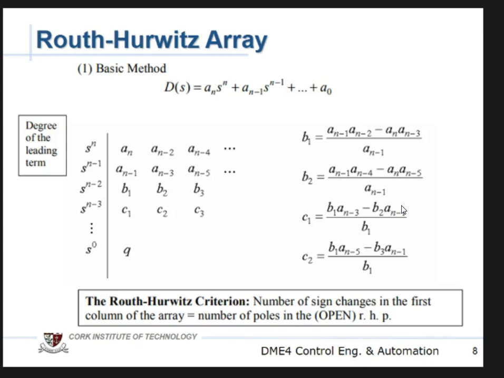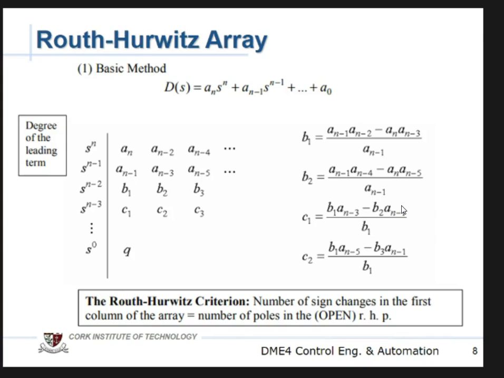Because it's a n minus 1 times a n minus 2, so it's this one by this one. We multiply those two, so that would be 3 by 3. So we multiply these, we subtract this, and we divide by this. Like calculating the determinants of matrices, that same idea.